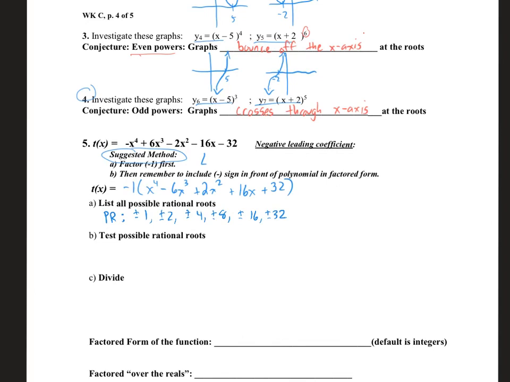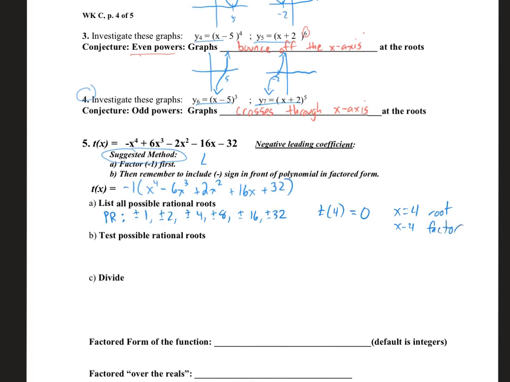Again, this is one where the calculator will help you out. Throw t of x into y1, use your table and test. Okay, and we're going to find out that the t of 4 is equal to 0, which means x equals 4 is a root, which makes x minus 4 a factor.